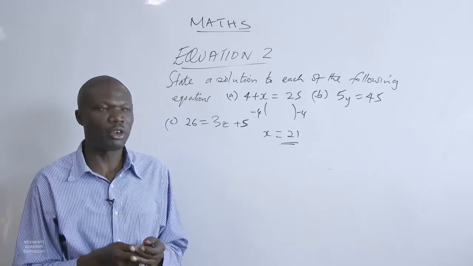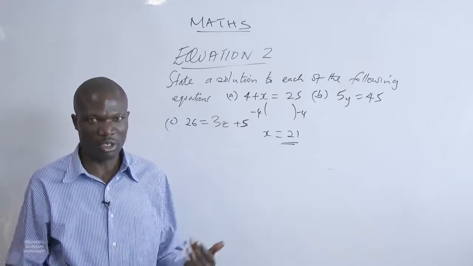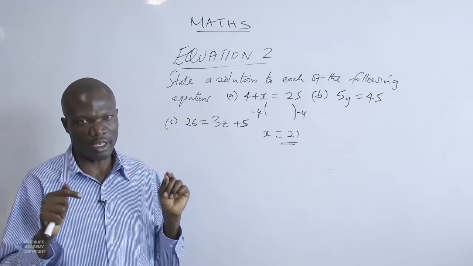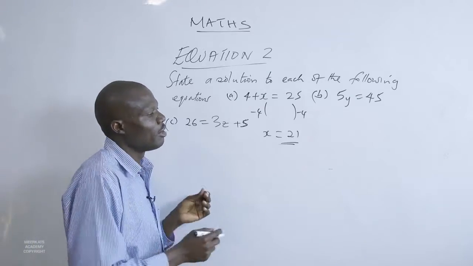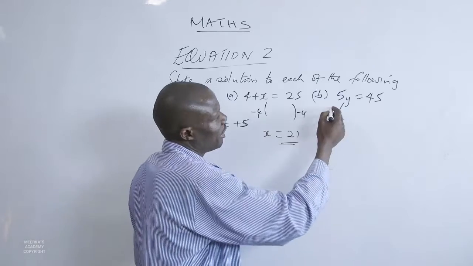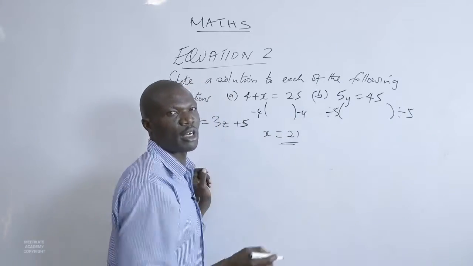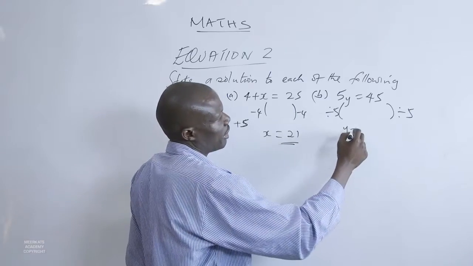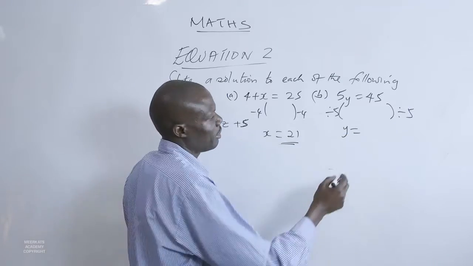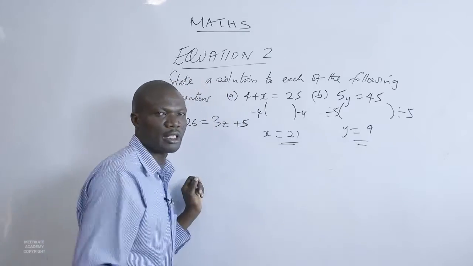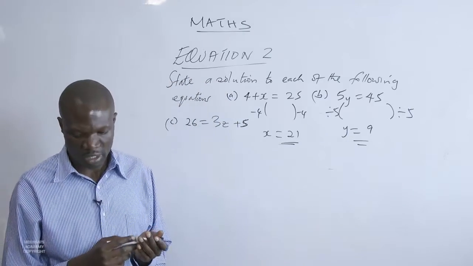So x is the solution and x is 21. For this one, we shall divide here by 5 and divide here by 5, so that 5y divided by 5 is y, and 45 divided by 5 is what? Is 9. So 9 is the solution to that equation.